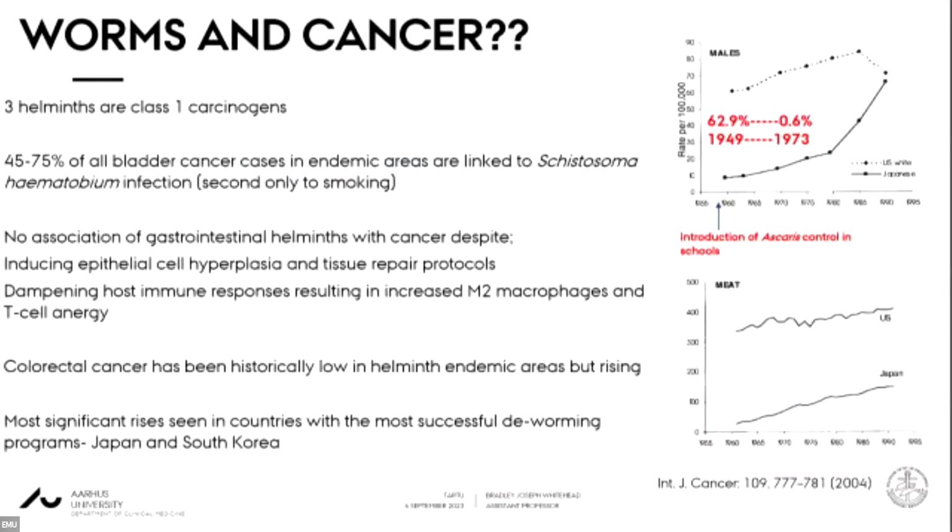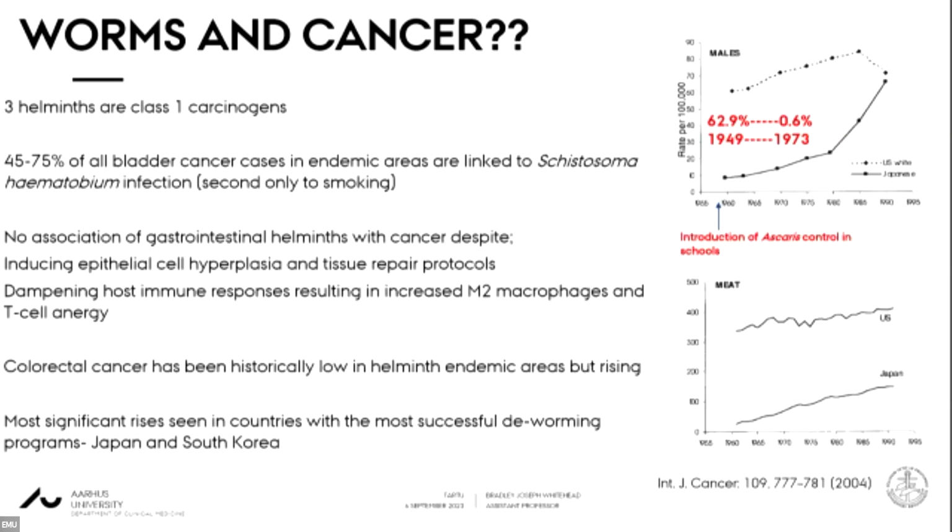So this might seem like a bit of a stretch, but there's 3 helminths that are actually class 1 carcinogens. If you have Schistosoma haematobium for long enough, you will get bladder cancer. But there's no association of gastrointestinal helminths with cancer, despite the fact that they induce massive epithelial cell hyperplasia, tissue repair protocols, and this dampening of host immune responses, Treg cells, M2 macrophages.